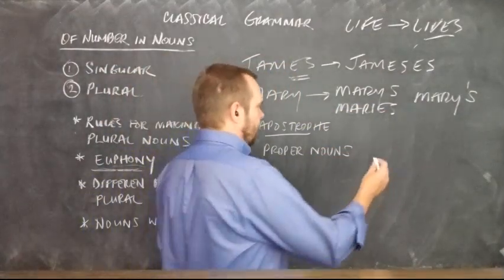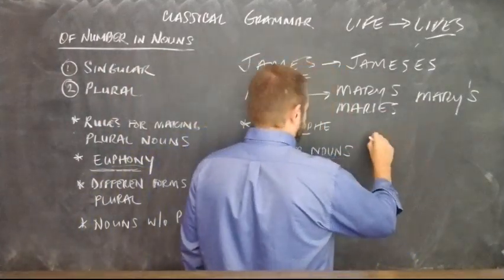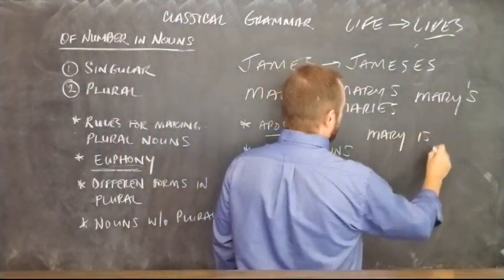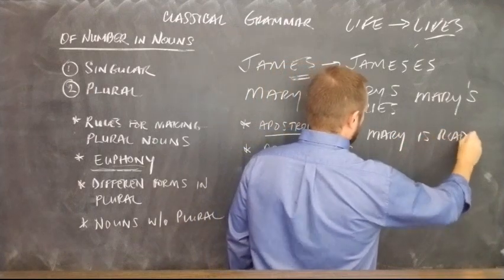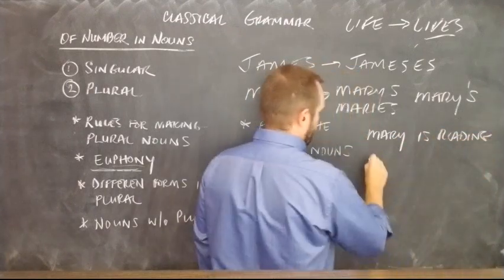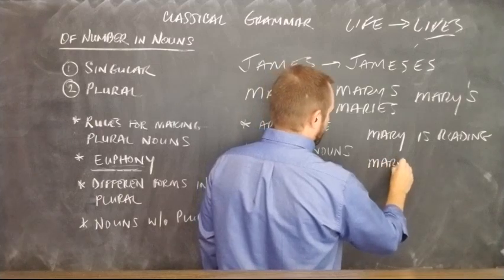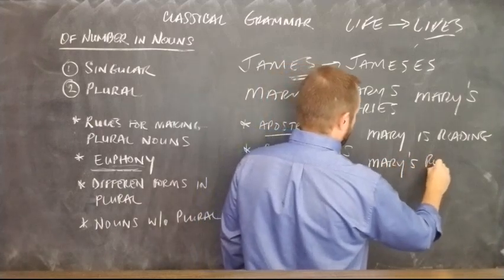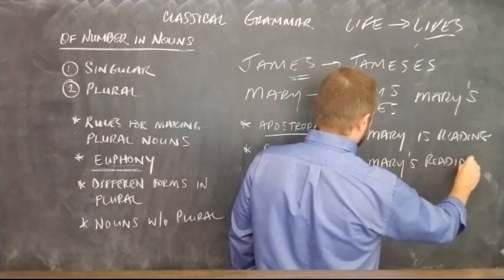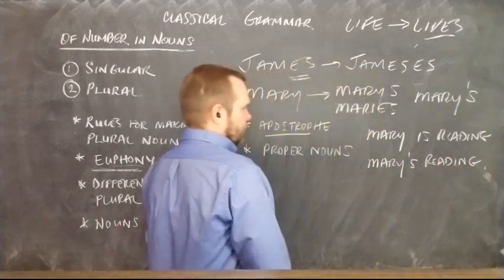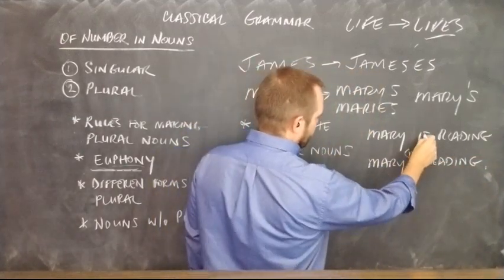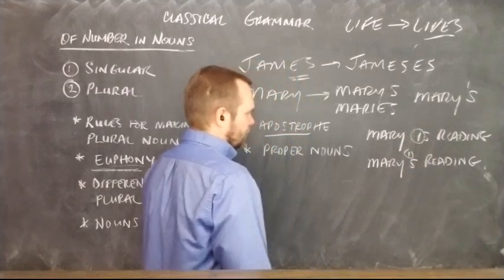So for example, if I say Mary is reading, I can abbreviate that by writing Mary's reading. Mary's reading. That apostrophe replaces that I that's been dropped.